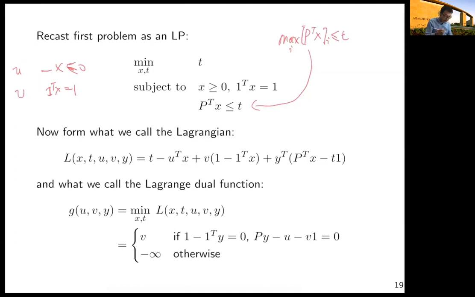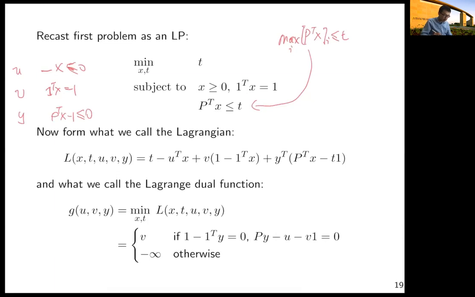And v is a scalar and u is a vector. And now for the last inequality, we also need a vector. Let's call it y, and then we get p transpose x minus 1 smaller than 0.